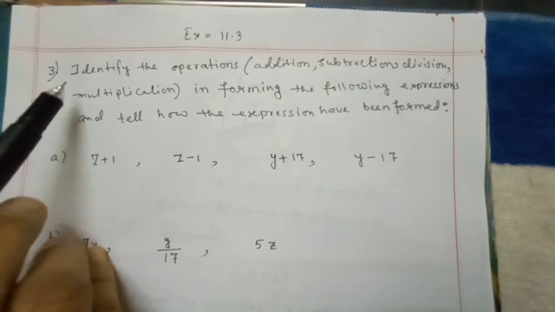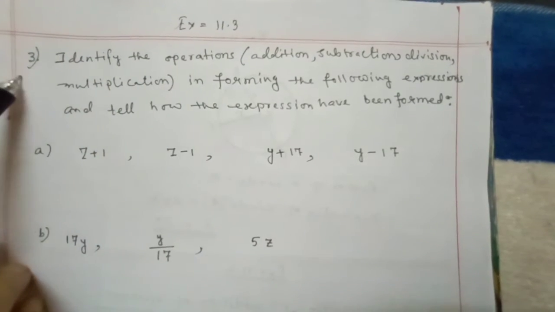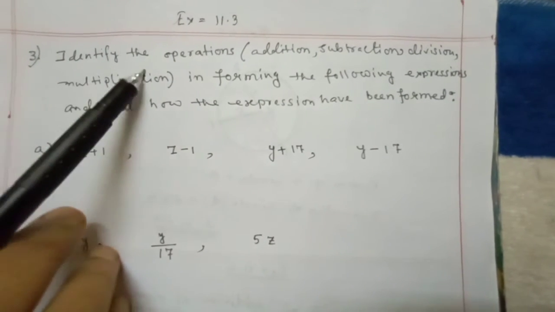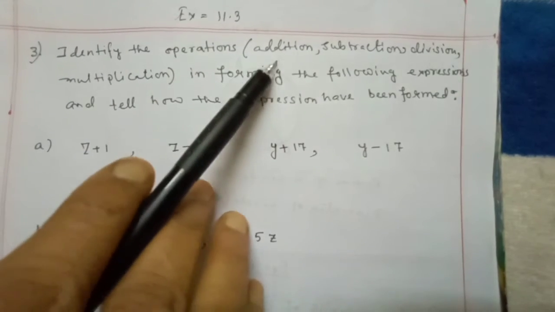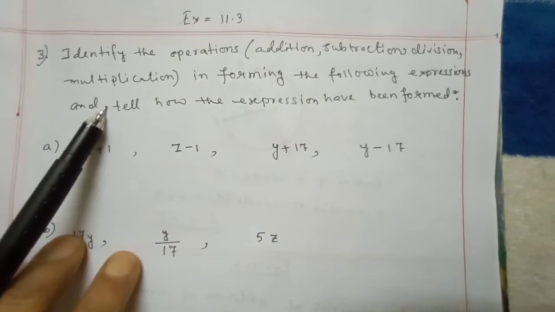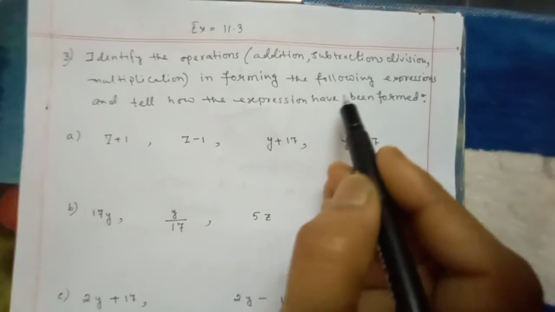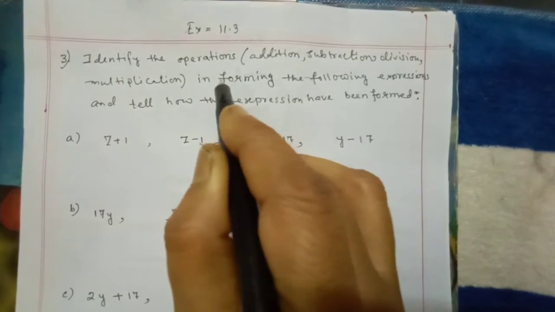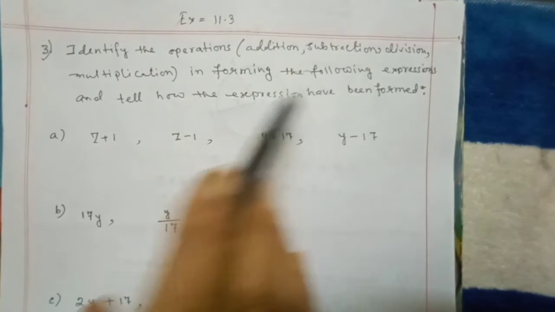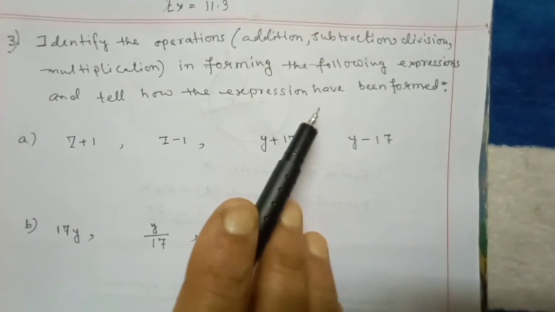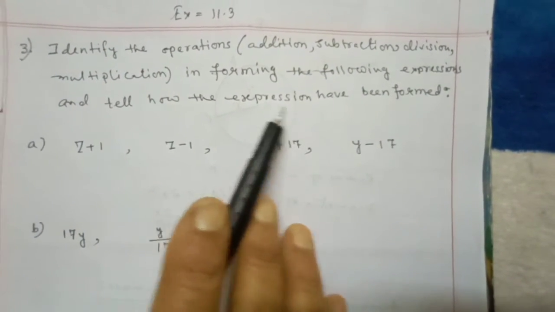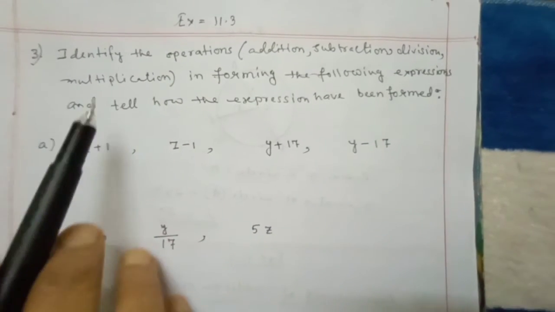Now in question number 3 of exercise 11.3, identify the operations, that means addition, subtraction, division, multiplication, etc., in forming the following expressions, and tell how the expressions have been formed.